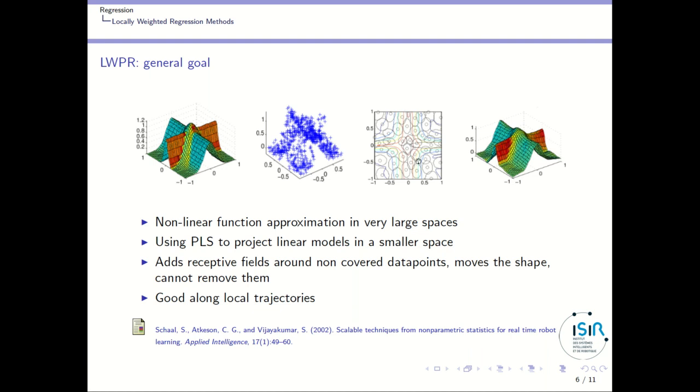This algorithm is quite good at approximating dynamics or kinematics models of a robot along the trajectory of a movement, because you will have receptive fields along that particular movement, and then you project a large model into a smaller domain, and you get an accurate representation of your model.